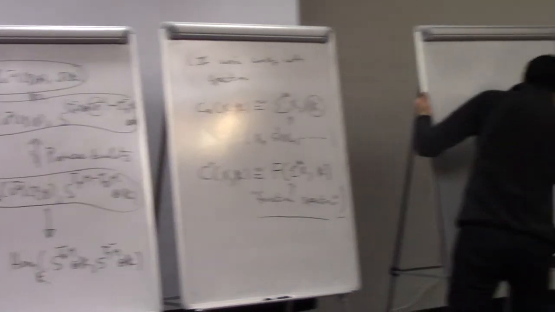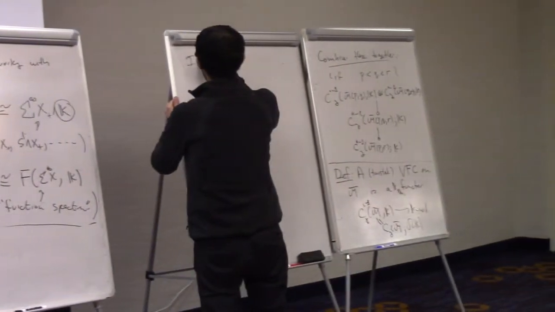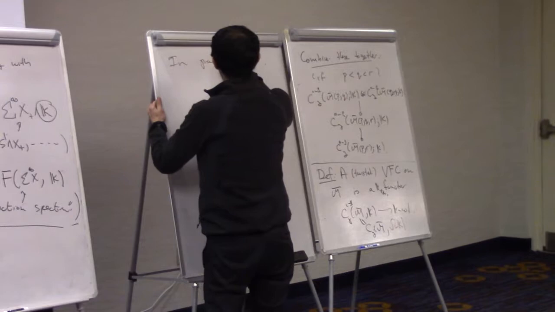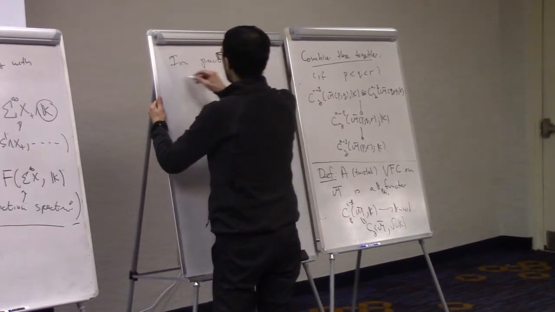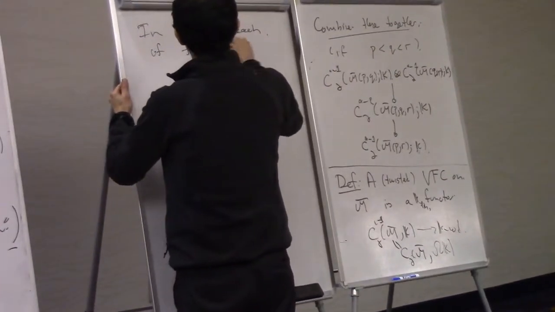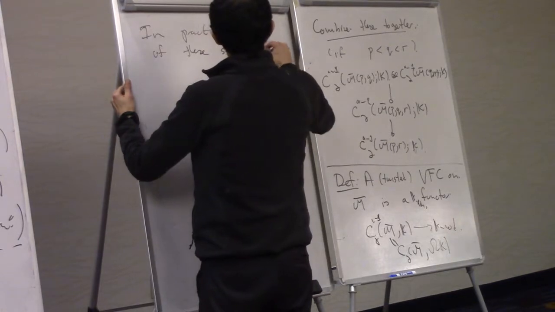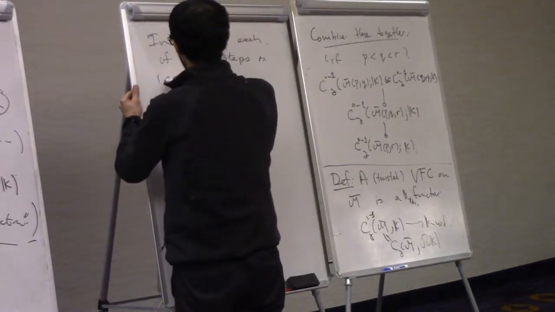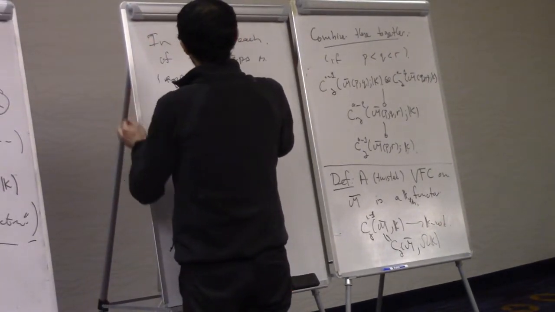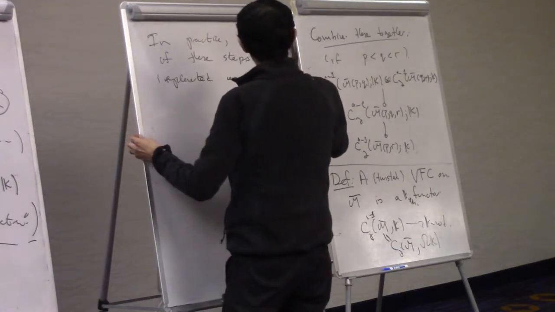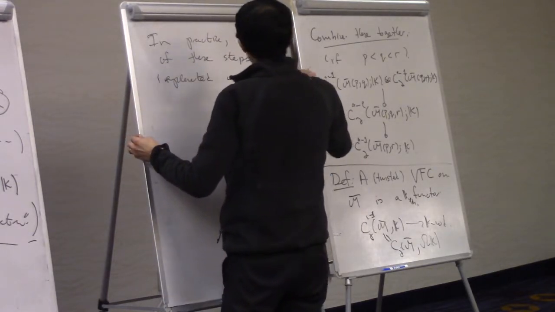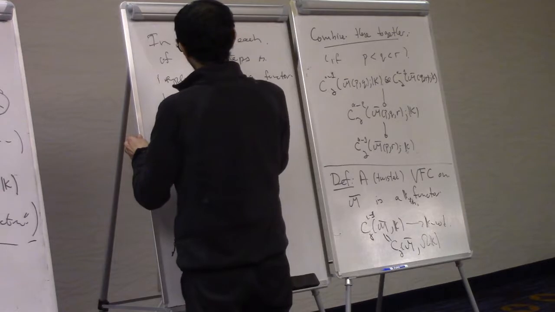In practice, each of these steps is implemented as a functor between k-linear categories.